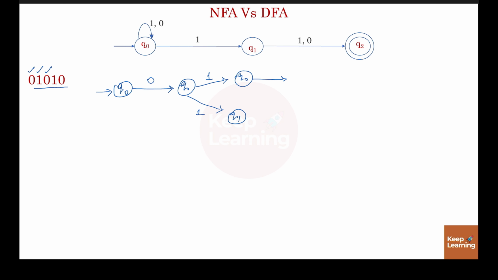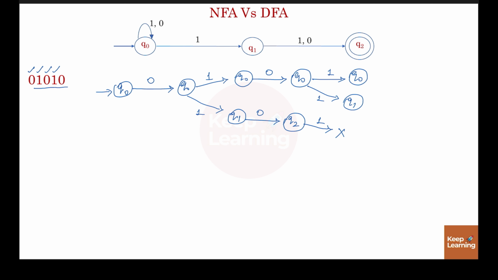From Q0 by taking 0 you can reach Q0, and from Q1 you can reach Q2. From Q0 by taking 1 again you can either reach Q0 or Q1, and there is no further transition defined for 1.